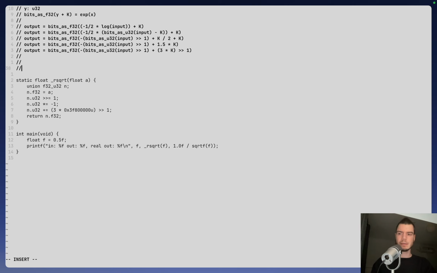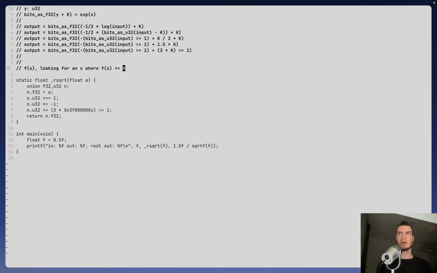Okay, if we have some function f of x, we are looking for an x where f of x is equal to 0. But our function, our inverse square root, isn't supposed to be 0.